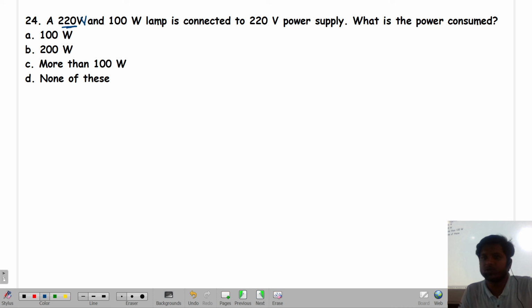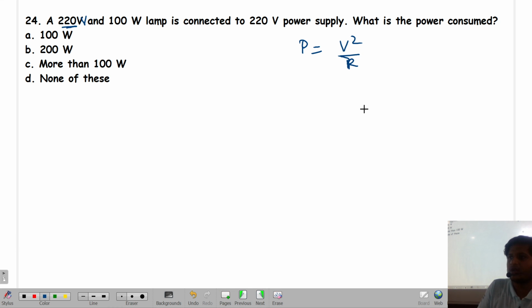You have to calculate. Got it or not? Is it going to be more than 100? Less than 200? Tell me. If I am connecting it, try to understand. P is equal to, what is the relation? P is equal to V square by R or not? Listen to me. P is equal to V square by R or not?